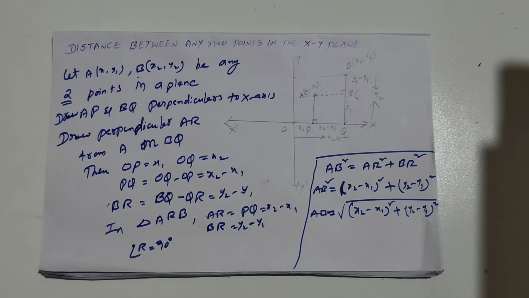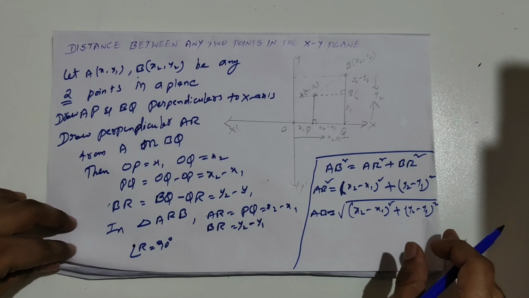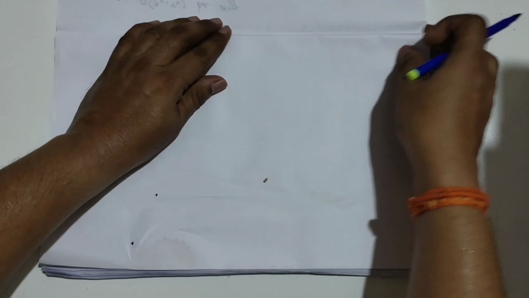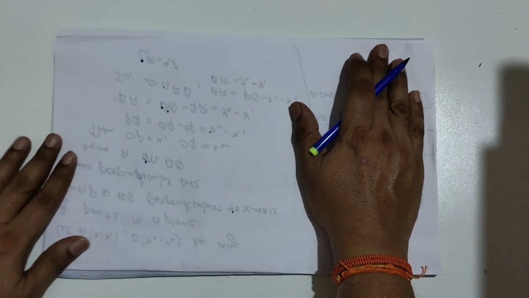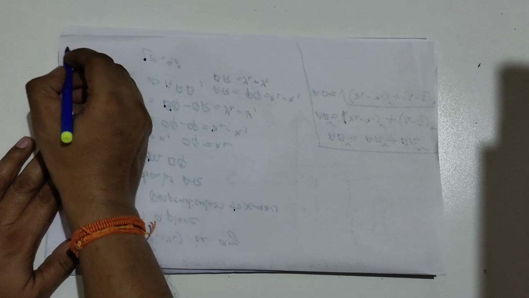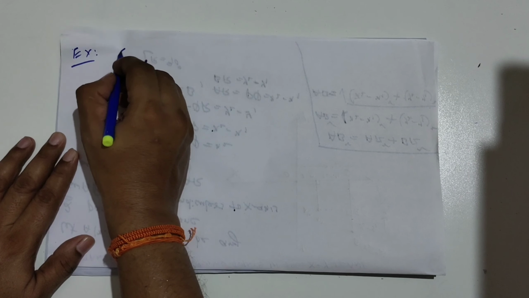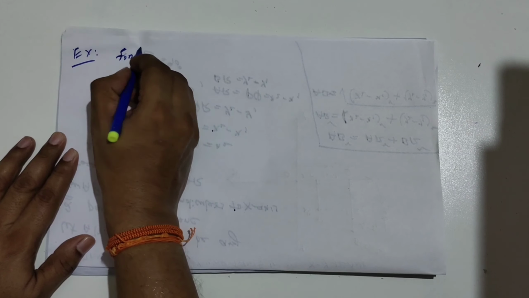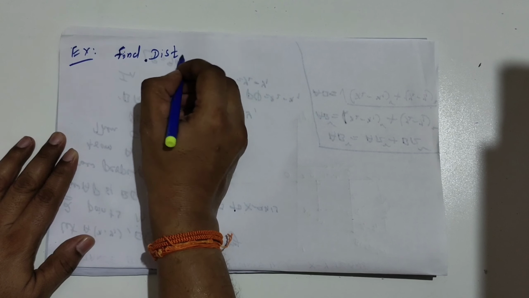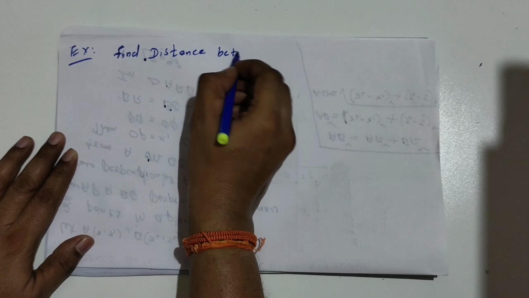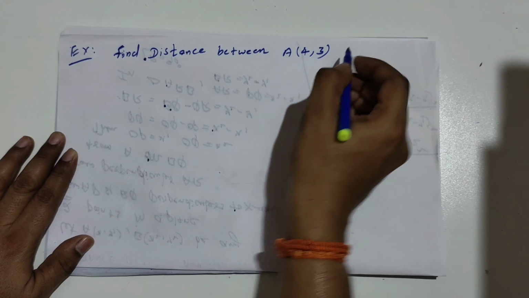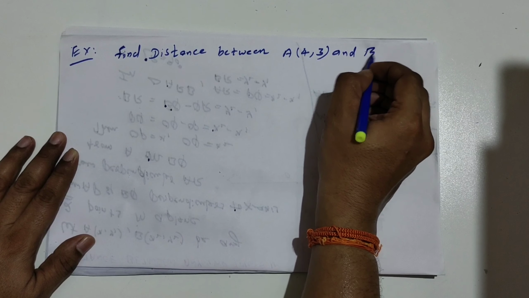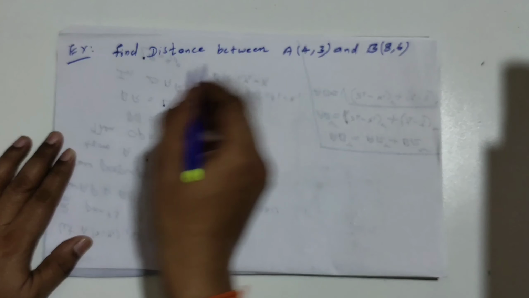Now let us see one example. Find the distance between A (4,3) and B (8,6).